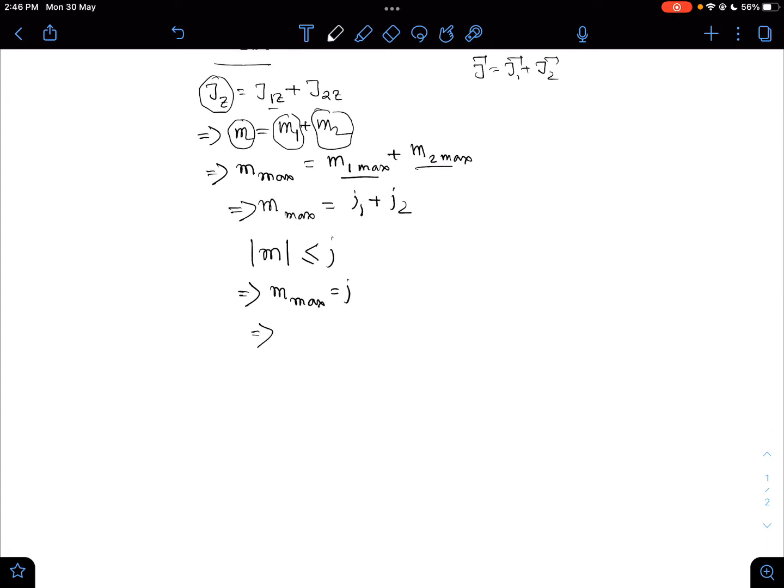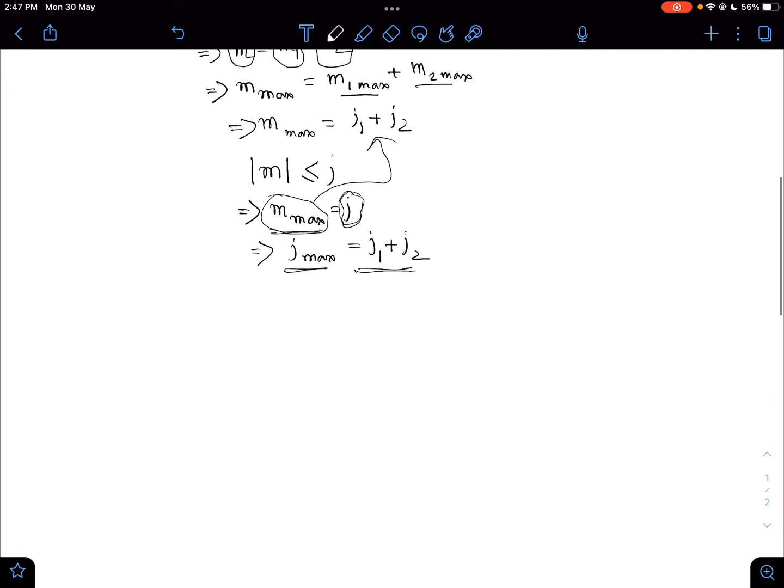So what will be the j maximum? The j maximum must be equal to j1 plus j2, because this j value is not fixed, but whatever the j value is, the maximum value of allowed m is j1 plus j2. So j can have a maximum value of j1 plus j2. This is our maximum value of j.